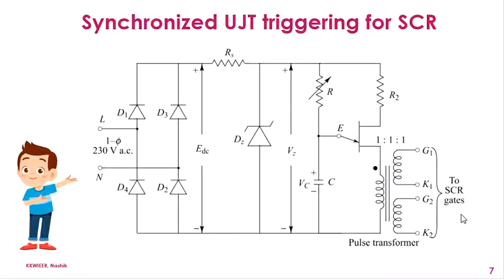So SCR with a positive anode voltage would turn on. Rate of rise of capacitor voltage can be controlled by varying this resistor R. This method of controlling the output power by varying the charging resistor R is called ramp control or open loop control or manual control.